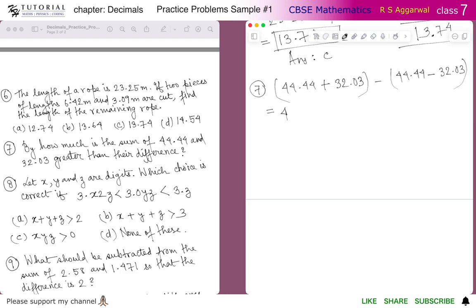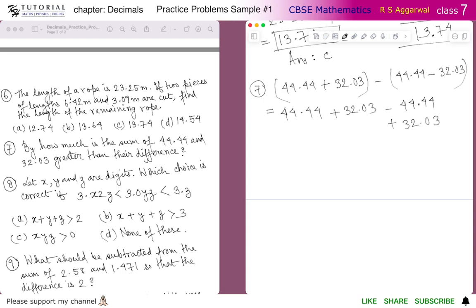If I simplify this, it is nothing but 44.44 plus 32.03 minus 44.44 plus 32.03.